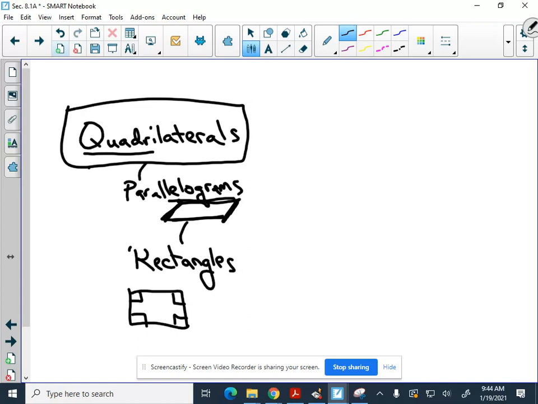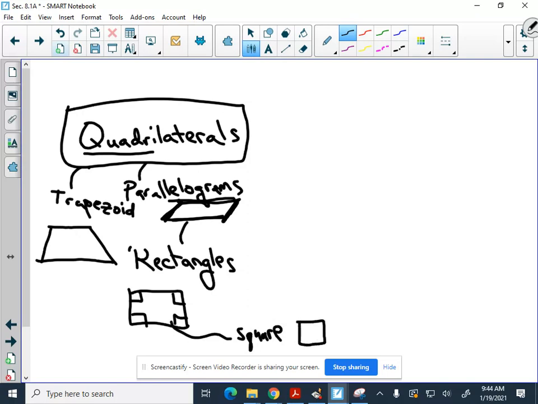There's different kinds. We also have ones called trapezoids. The trapezoid only has one pair of parallel sides, and then the other sides look like that. We also have squares. Now a square has four equal sides, and a square is a parallelogram. A square is a rectangle. But a square also has four equal sides and four right angles.